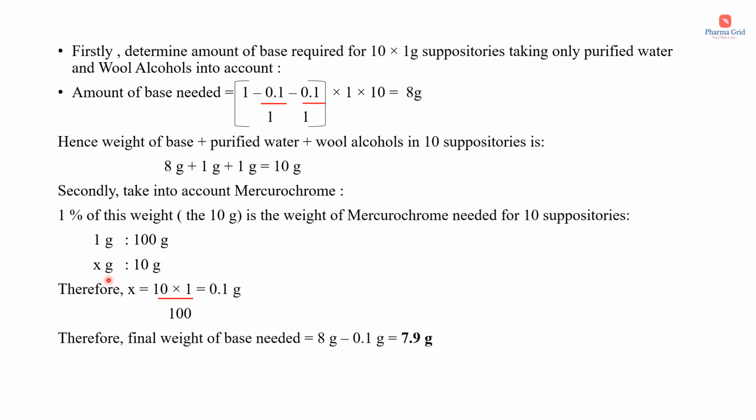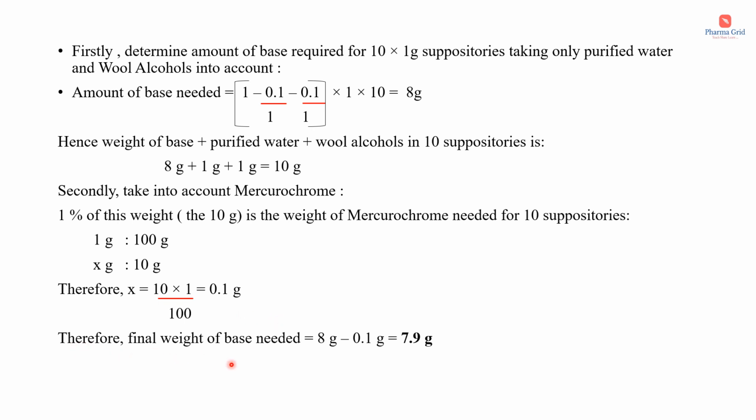Let x gram be the amount of mercurochrome present in 10 gram of the suppository. Therefore x is equal to 10 into 1 divided by 100, that is 0.1 gram. So 0.1 gram is the amount of mercurochrome present in 10 suppositories.